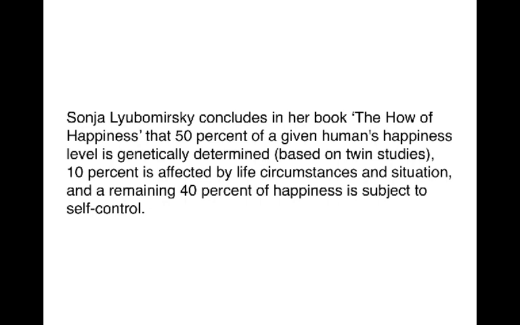So what's Sonja Lyubomirsky saying? Well, she's written this book, and it's saying that 50% of happiness is genetic, and 10% is life circumstances, and 40% self-control. So she's giving these different percentages of what makes happiness.